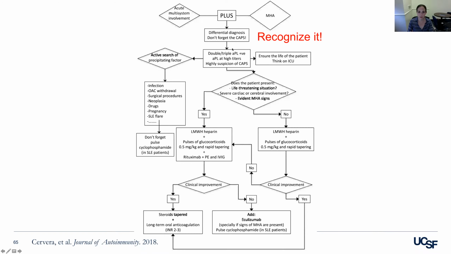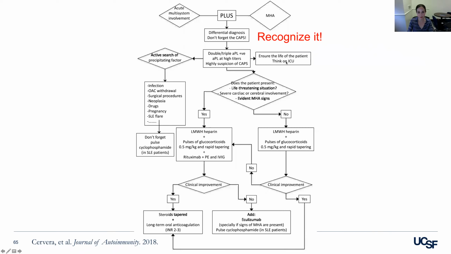And in those patients who are found to have positive antiphospholipid antibodies, especially at high titers, your suspicion is very high for CAPS. Then we think again about an active search for precipitating factors that we talked about, and specifically in our patients who have lupus, in which there's evidence of disease activity, cyclophosphamide may have a role in the treatment of these patients.